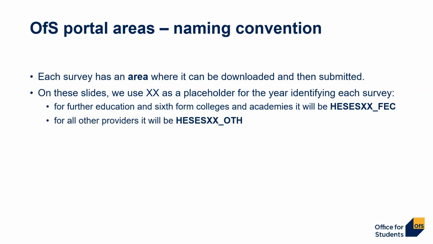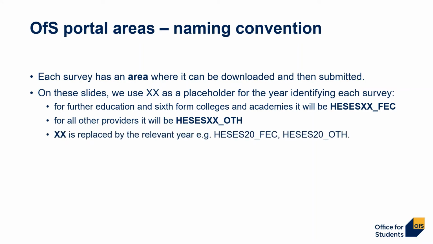So in the year that I'm recording this, on the portal itself, for HESES 20, you would see either HESES 20_FEC or HESES 20_OTH, and so on, changing year by year. If you have been asked to complete HESEF instead of HESES, you will see a similar scheme is used for the name of the relevant area.